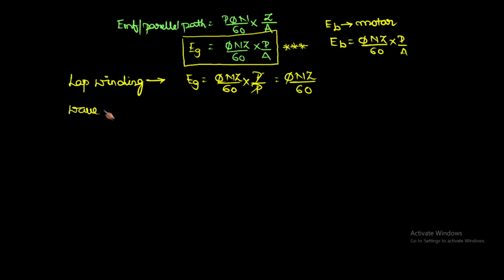In the case of the wave winding, the EMF generated is phi N Z by 60 into P by 2, that is phi N Z P by 120. That is why we have written them separately.